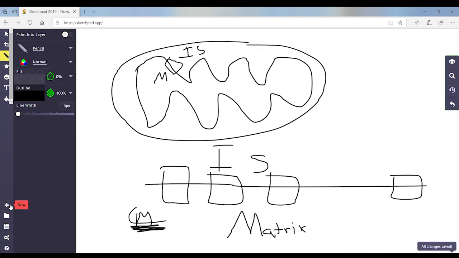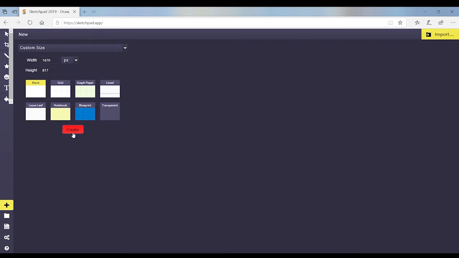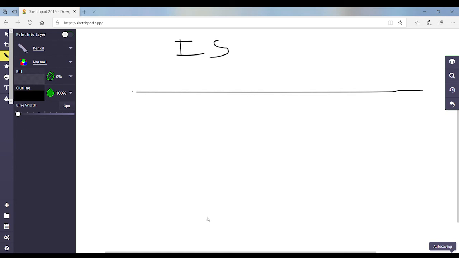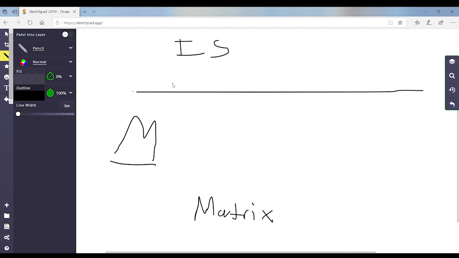But first, let's make a new page so that it's not so crowded. But you basically have this wall, and you have the intermembrane space on the outside, and you have the matrix on the inside. And this molecule, its energy is going to be used somehow. So how?